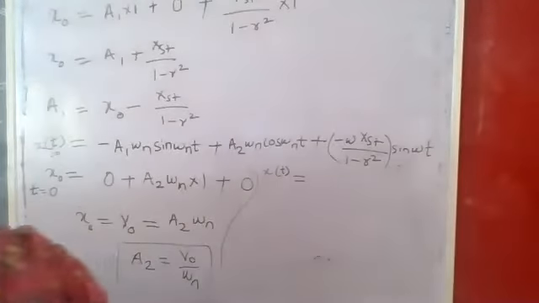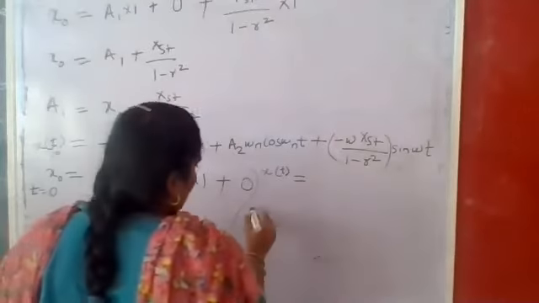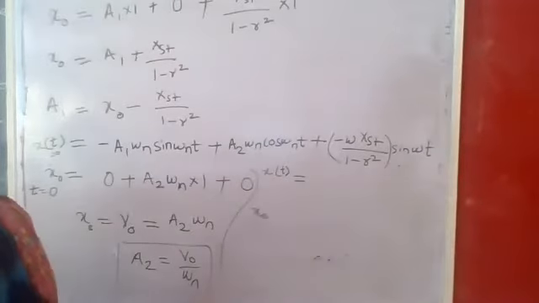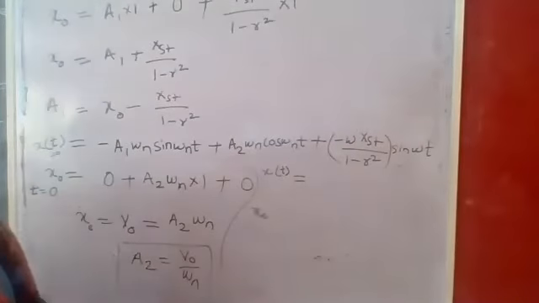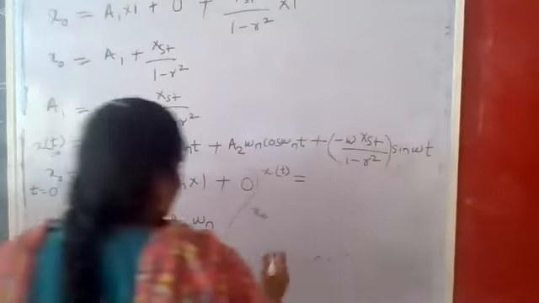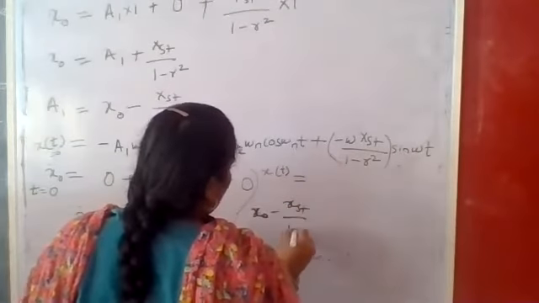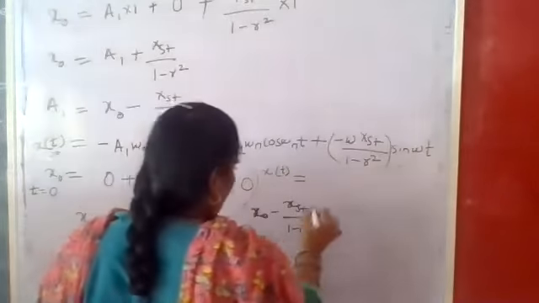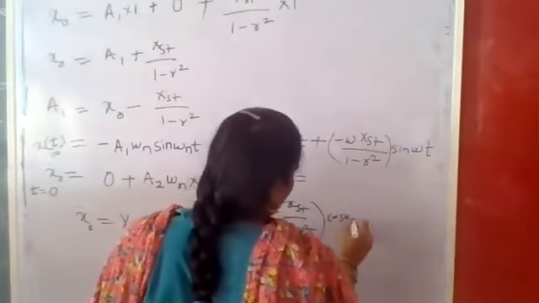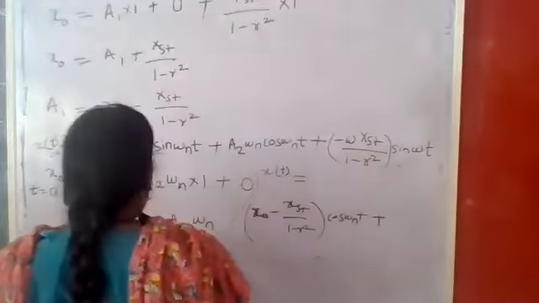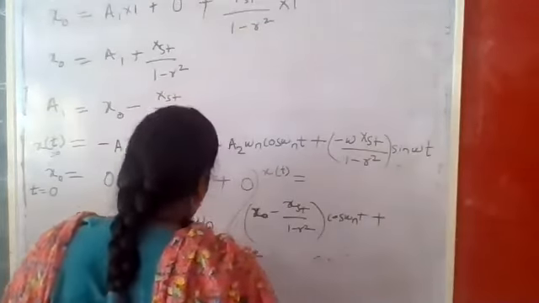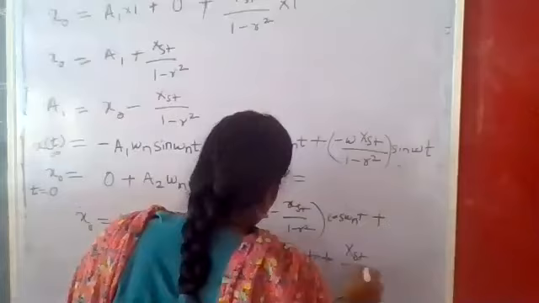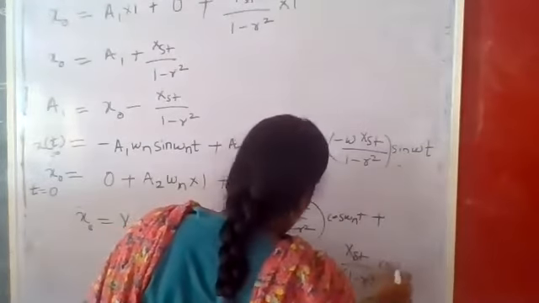You can write down the equation: x of t equals x naught minus x st divided by 1 minus r square, that is the a1 value, into cos of omega nt, plus the a2 value, काय आली आपली बघा या ठिकाणी, a2 is v naught upon omega n, into sin of omega nt, plus our particular integral x st divided by 1 minus r square into cos of omega t.